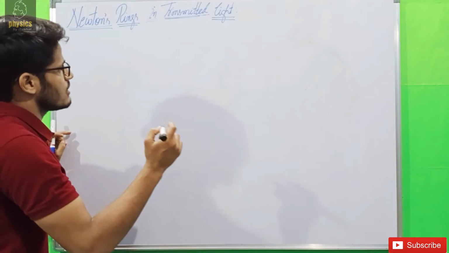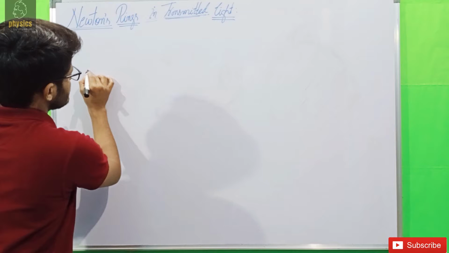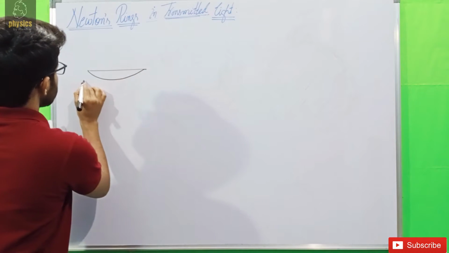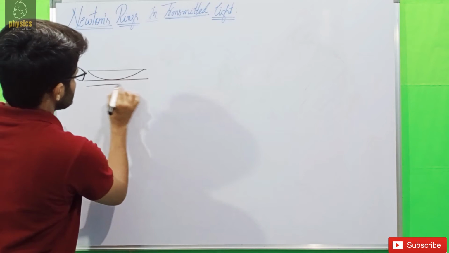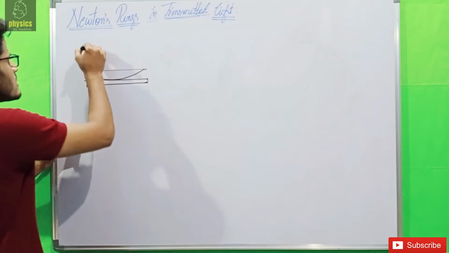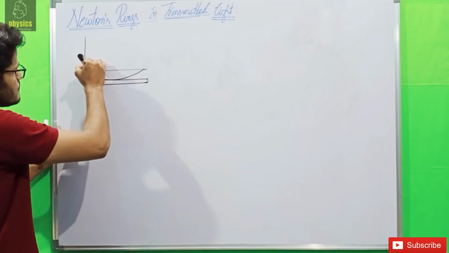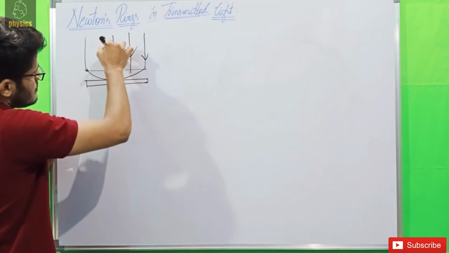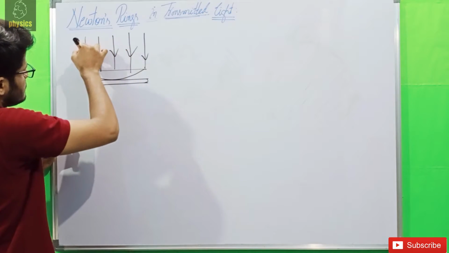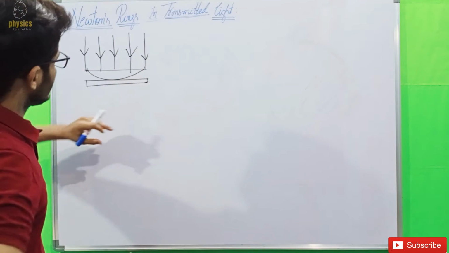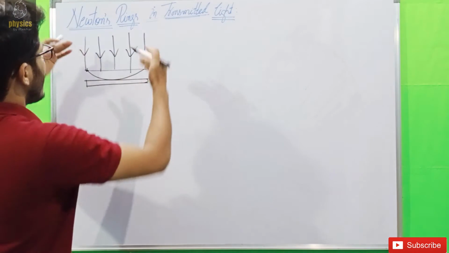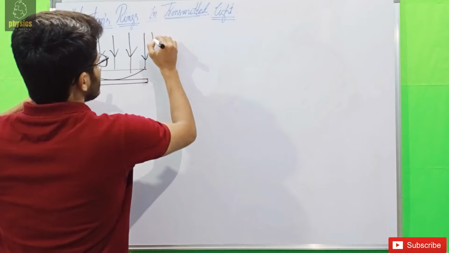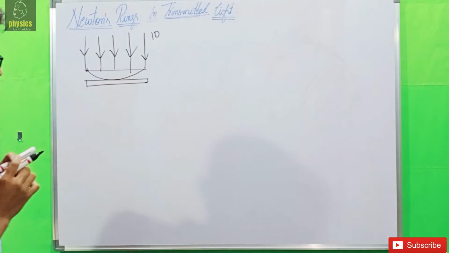Actually, what is happening is, on this lens, suppose, for example, I am getting these many lights, so I'll represent it with some intensity. So I am sending light with 10 intensity.